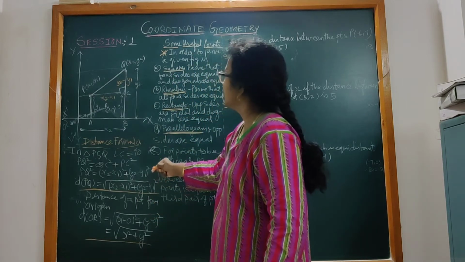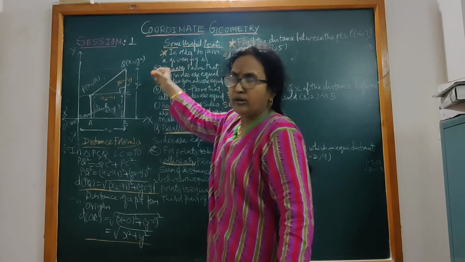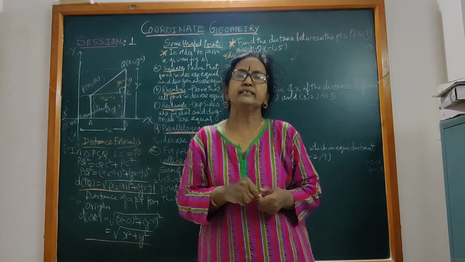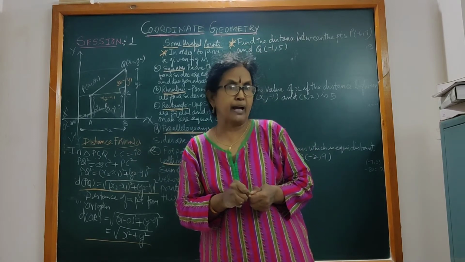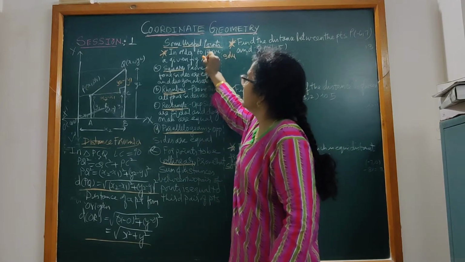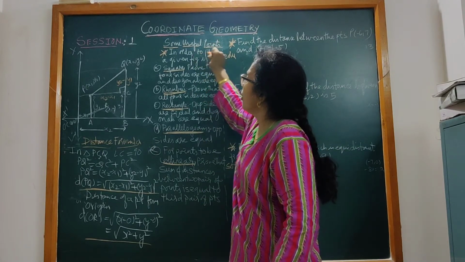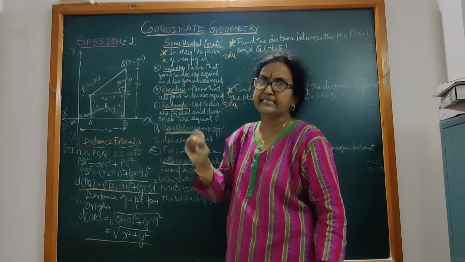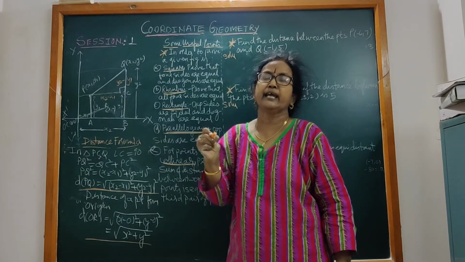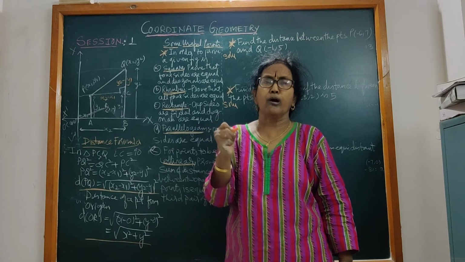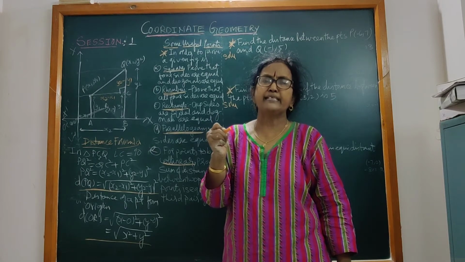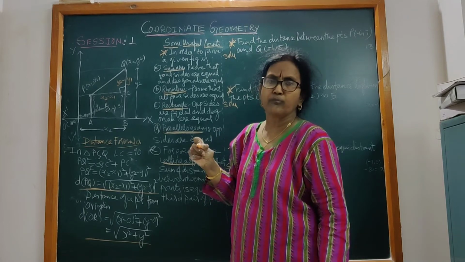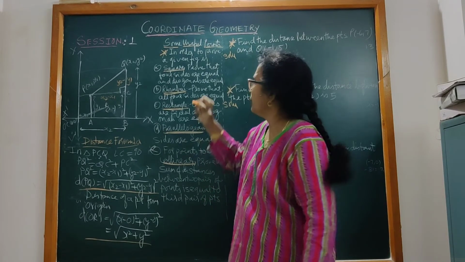Now, based on this distance formula, we have to keep certain points in mind. First, it is useful in order to prove a given figure. If a square is given to you, that is, the coordinates of the points A, B, C, D are given, and you want to prove it is a square, how will you prove it?